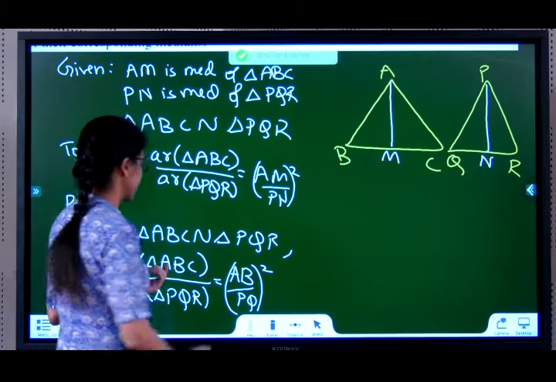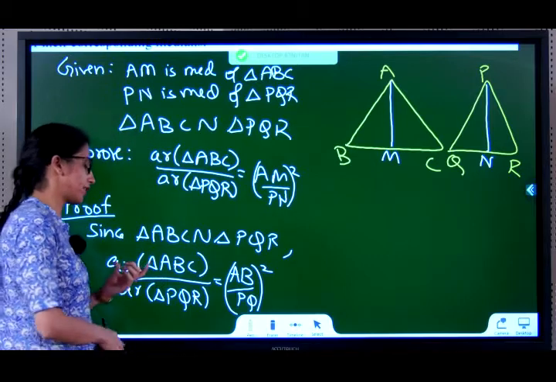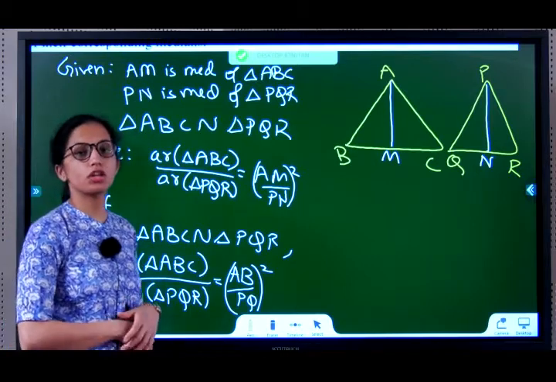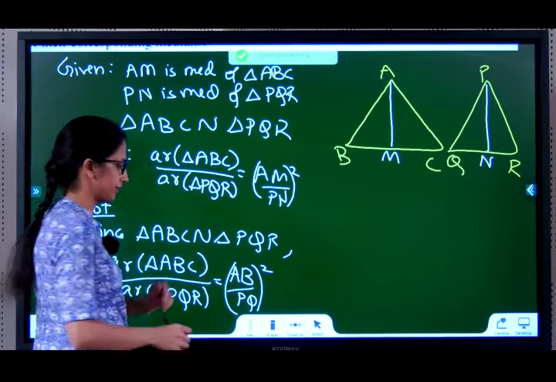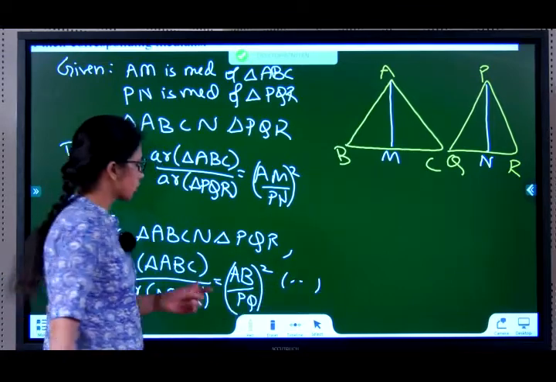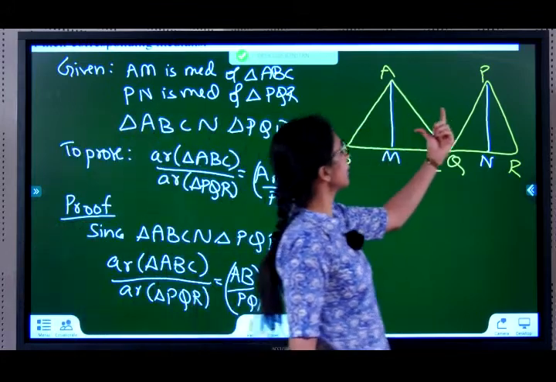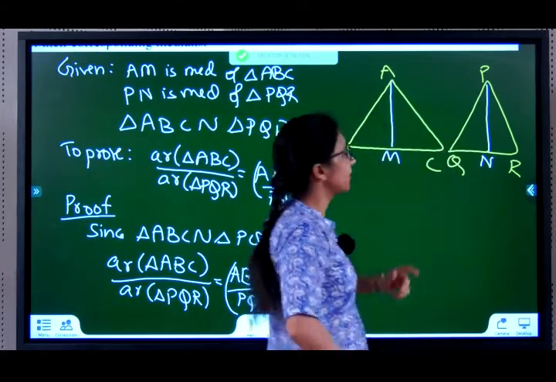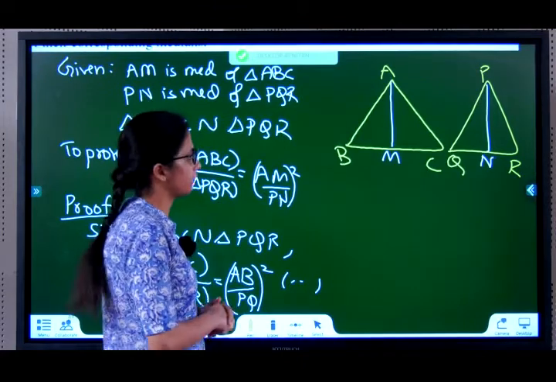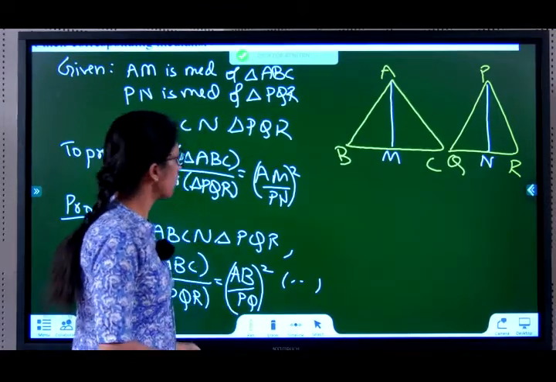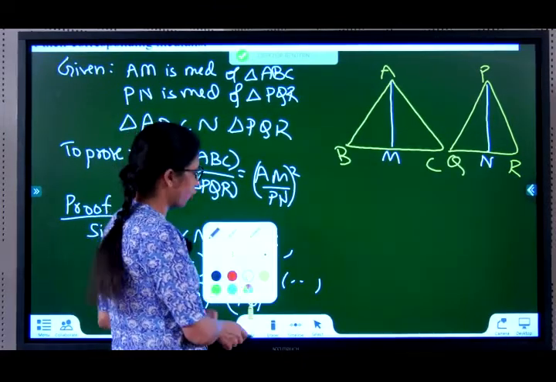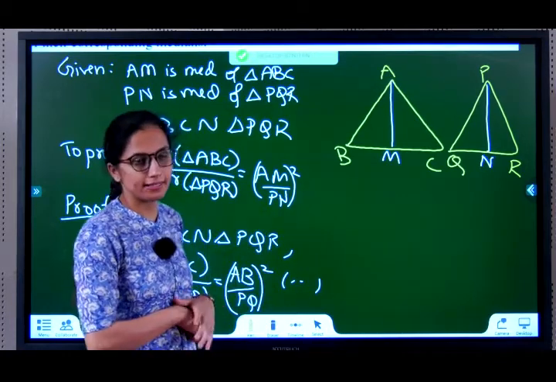Reason being, ratio of area of similar triangles is equal to the ratio of their side whole square. You have to write the reason here. Okay. So now if I somehow prove AB by PQ is equal to AM by PN, can I do the problem? Can I solve it? Yes, I can. How? We have already done this in the previous exercise.